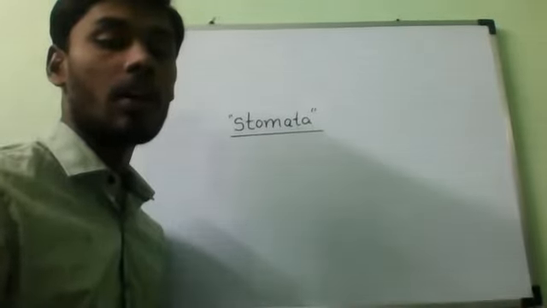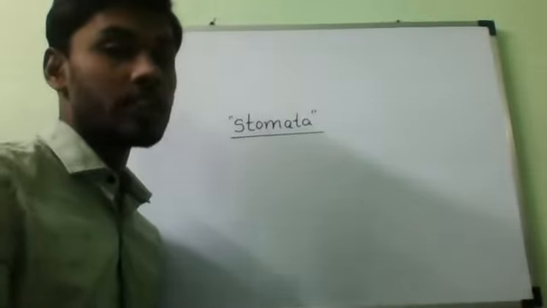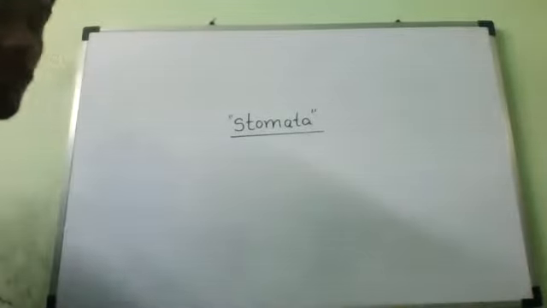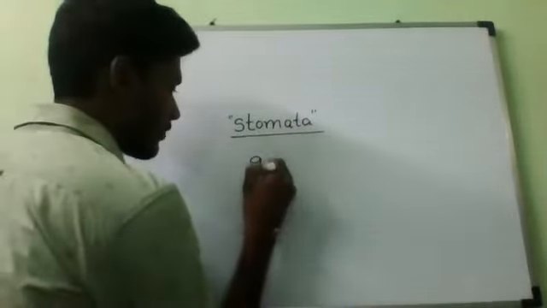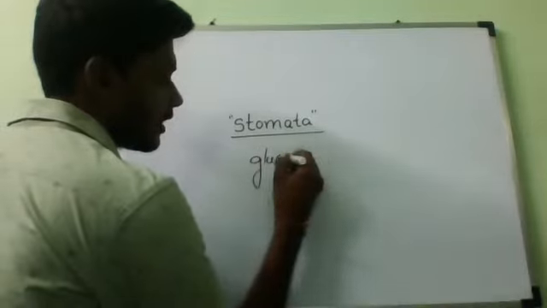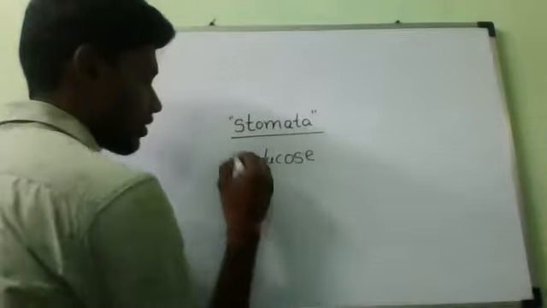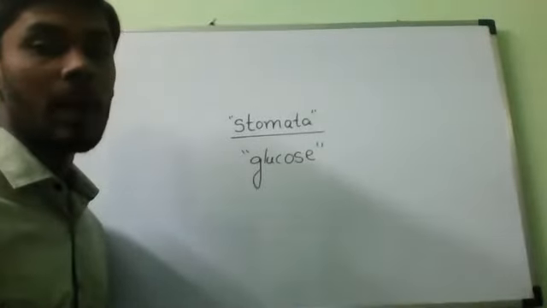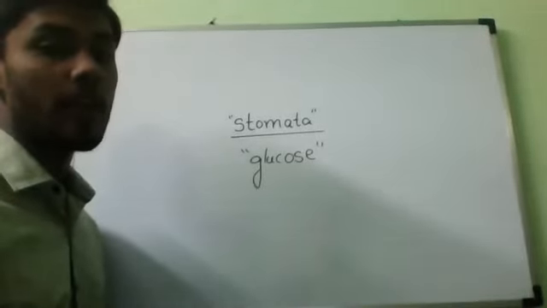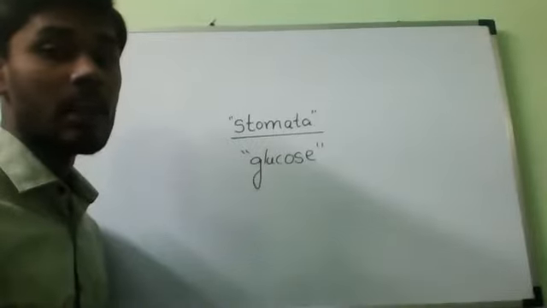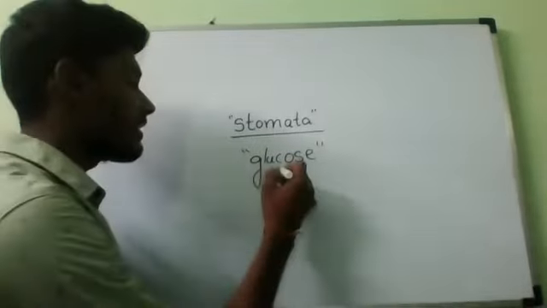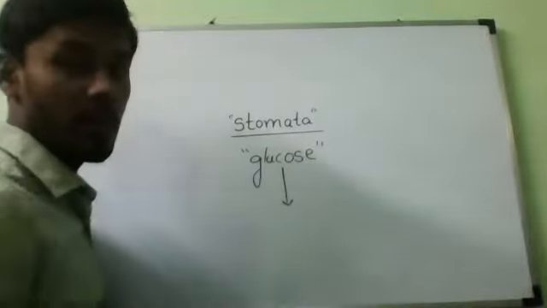That simple food, the simple form of sugar, is known as glucose. This glucose is supplied throughout the different parts of the plant, and the extra glucose is changed into another form of food, a complex food known as starch.